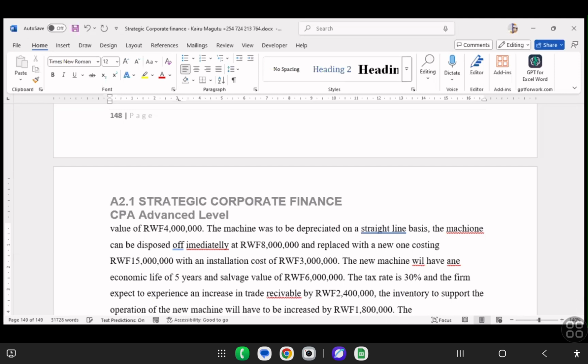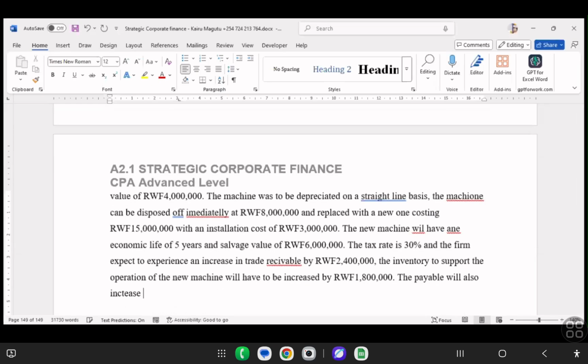The payables will also increase by 2.2 million Rwandan francs.